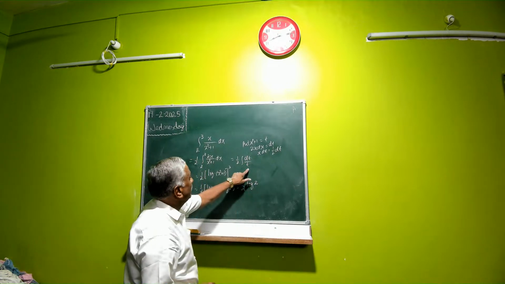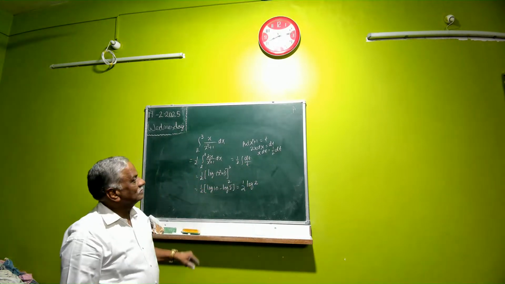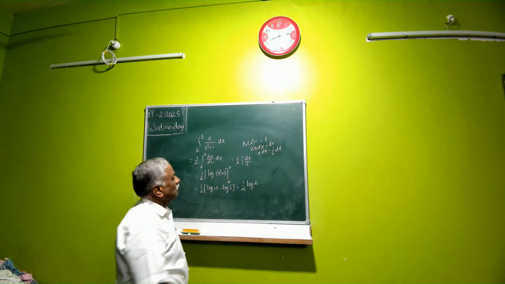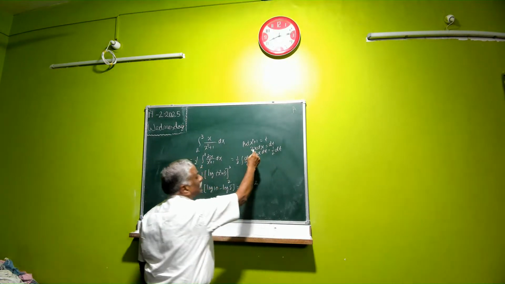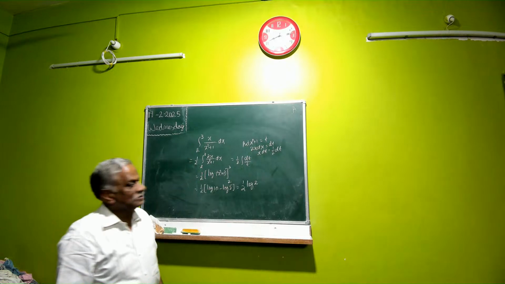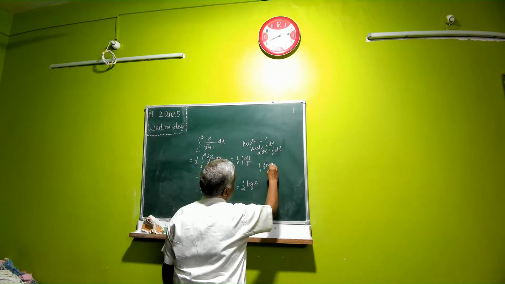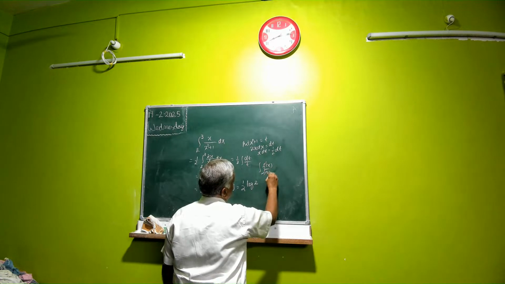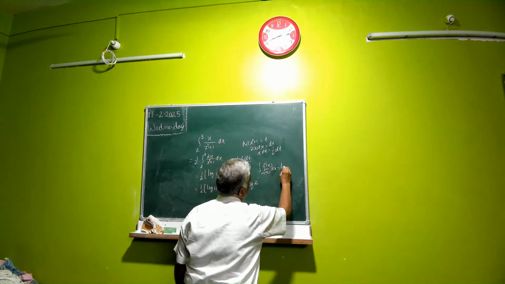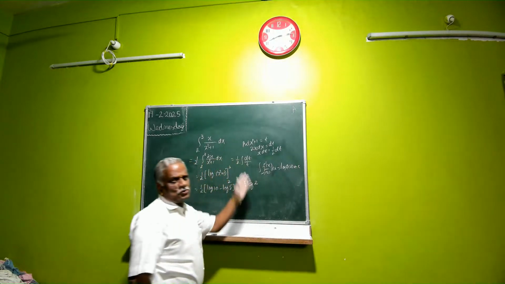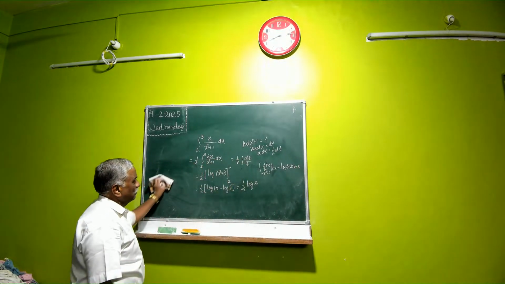What is the integral of dt by t? It is log t. What is t? x squared plus 1. So if you know the formula, all these steps can be avoided. What was the formula? I am writing again: integral of f dash of x over f of x dx is equal to log of f of x plus c. Otherwise, you have to write the steps and work it out.